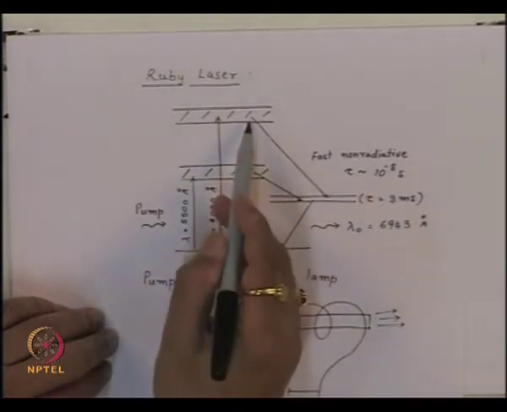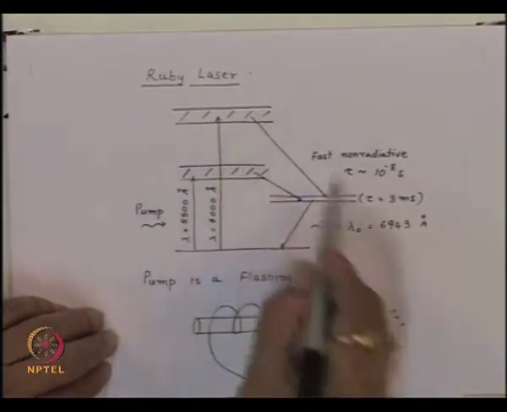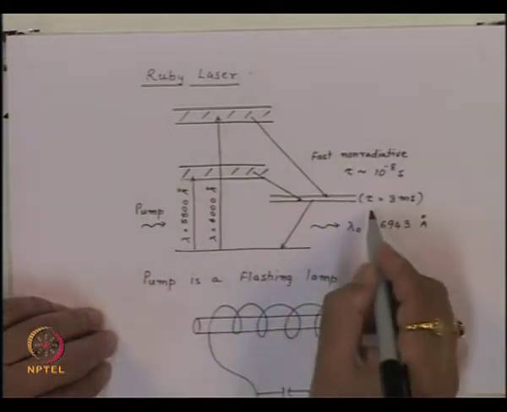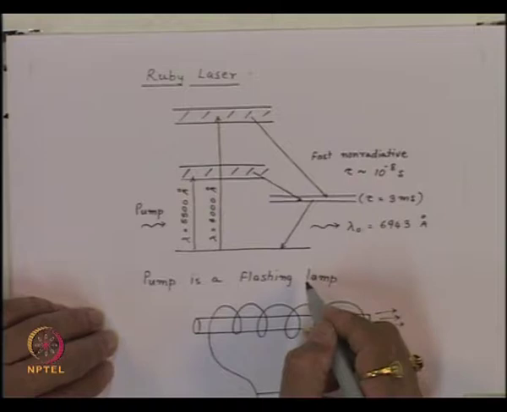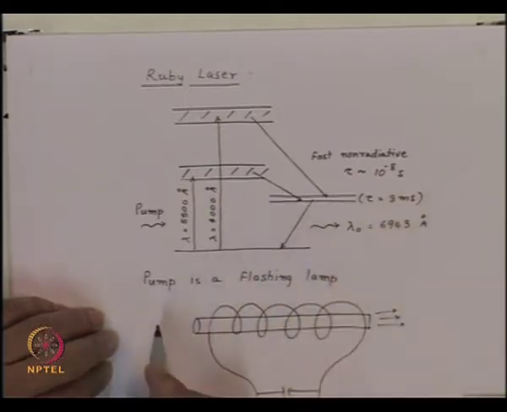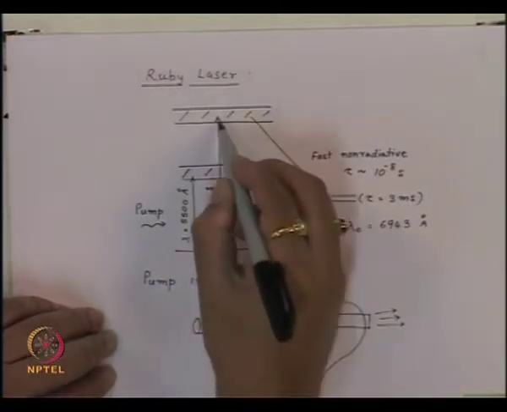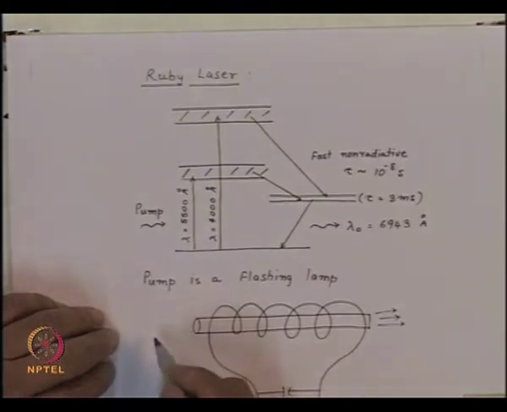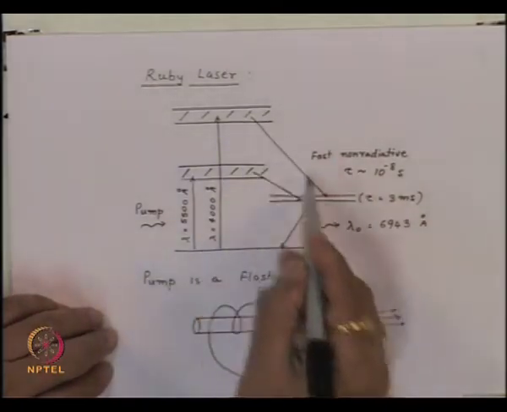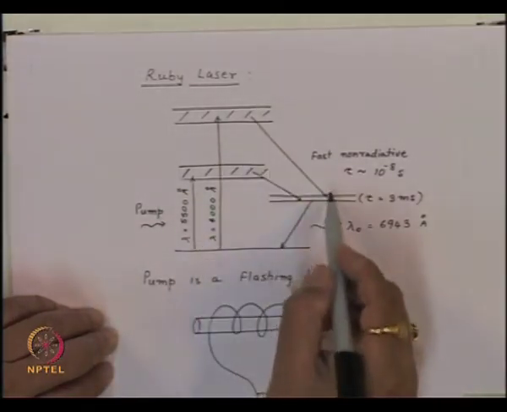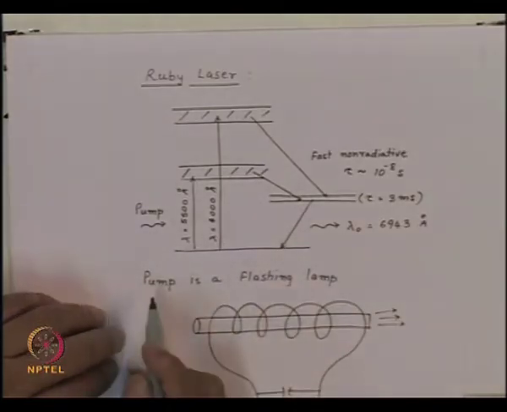So, the electrons quickly relax to these energy levels, where the lifetime is relatively longer, of the order of about 3 milliseconds. The electrons are transported from the ground state to the higher energy level states by the pumping mechanism, and then through the non-radiative process the electrons very quickly relax to these energy levels.